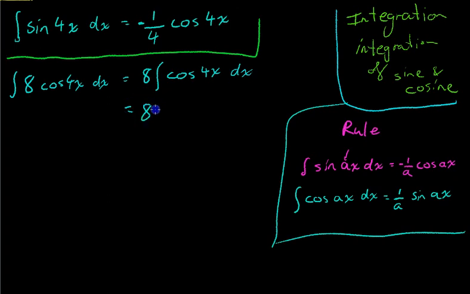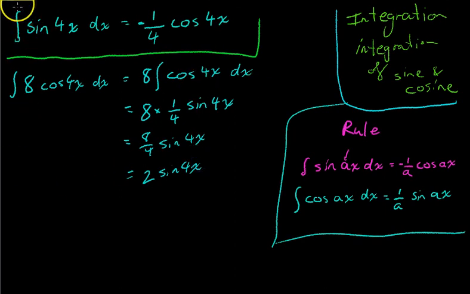And that's going to be 8 times, now cos becomes sine, so 1 on 4 sine 4x. We can finish that out. That's 8 over 4 sine 4x, which is just 2 sine 4x.